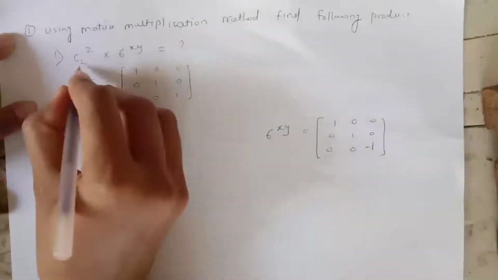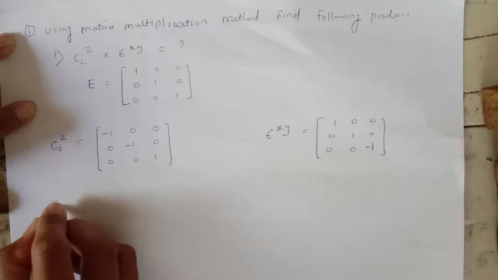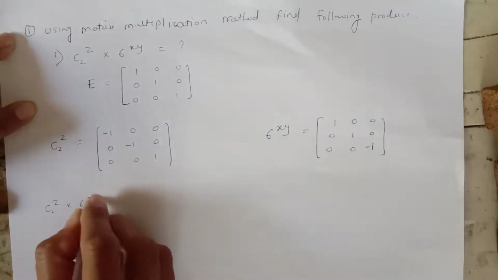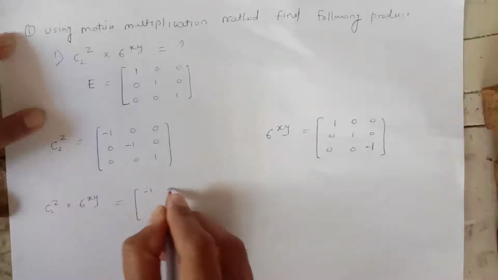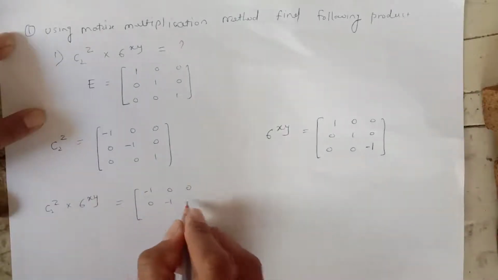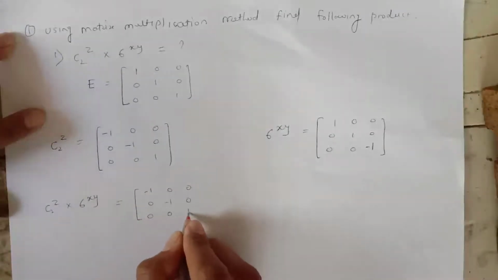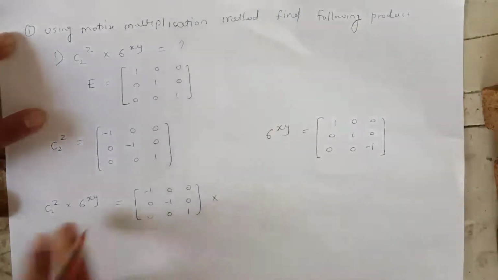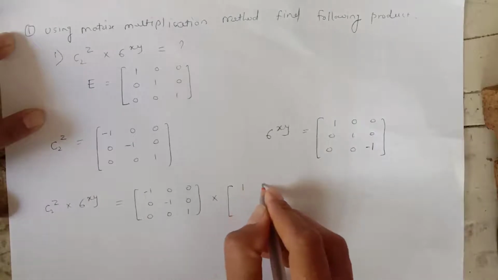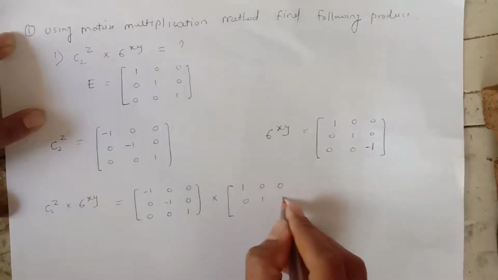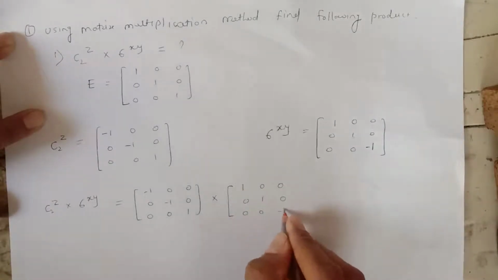And in the example, what is here C2z into sigma xy. Again you have to write the C2z. What is here? Minus 1 0 0 0 minus 1 0 0 0 1. What is here again? Sigma xy. You have to write here the sigma xy, 1 0 0 0 1 0 0 0 minus 1.